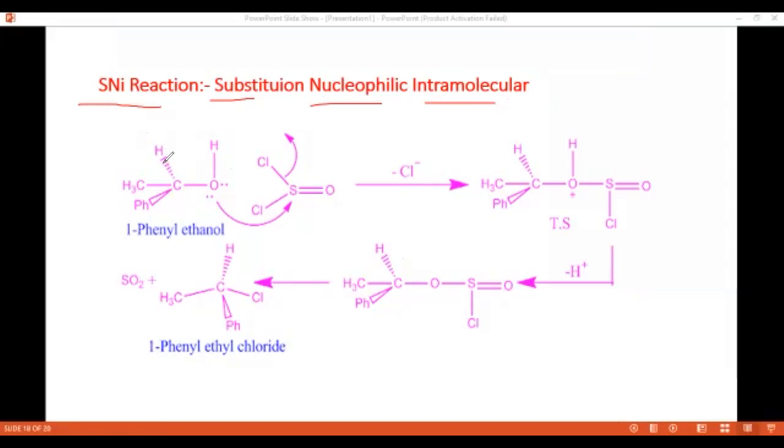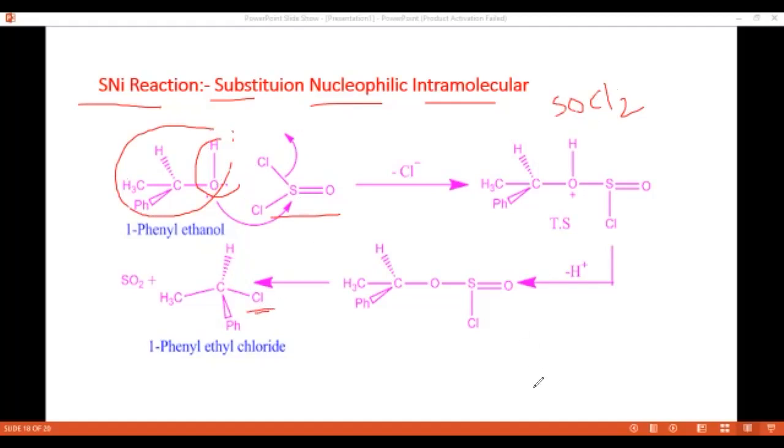The statement of the SNi reaction is: when an alcohol reacts with thionyl chloride, that is SOCl2, the hydroxyl group is replaced by the chlorine group.